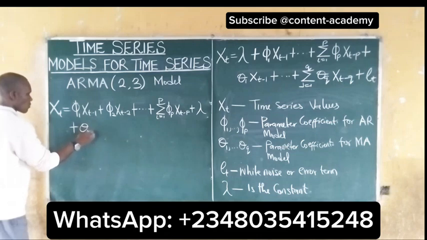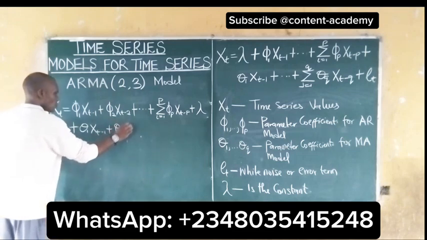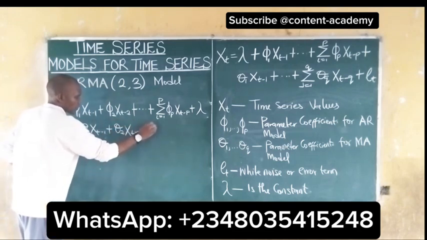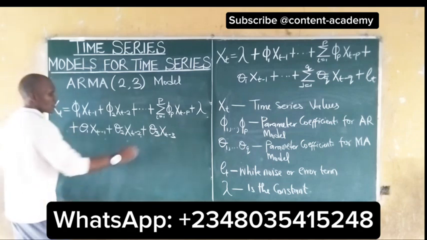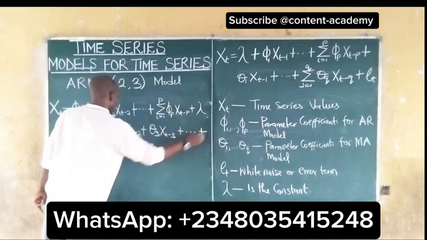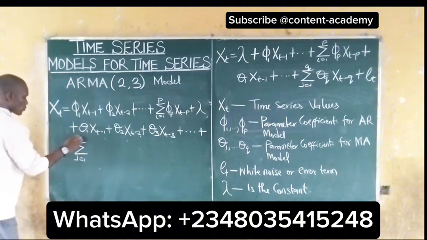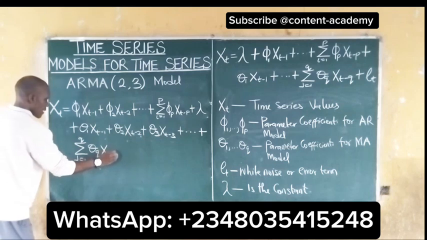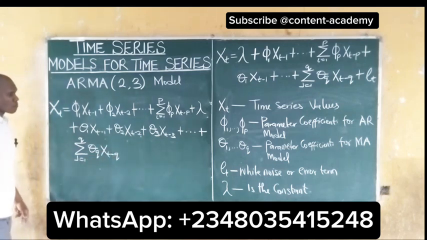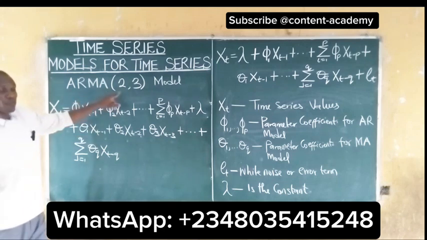The moving average will have theta 1 x_(t-1) plus theta 2 x_(t-2) plus theta 3 x_(t-3), plus it continues like that to give us the summation of j running from 1 to q of theta_j x_(t-j). So this is how we can compute the ARMA model.